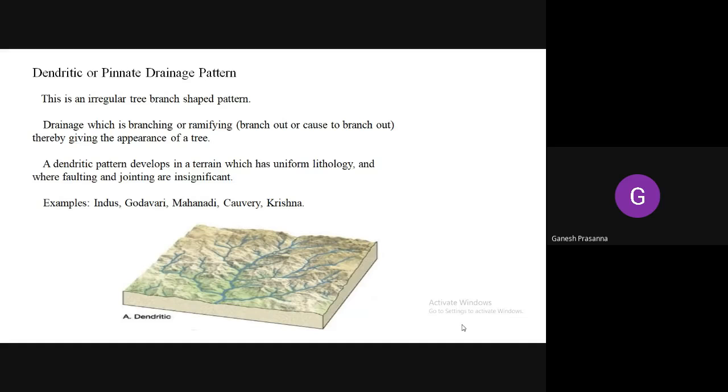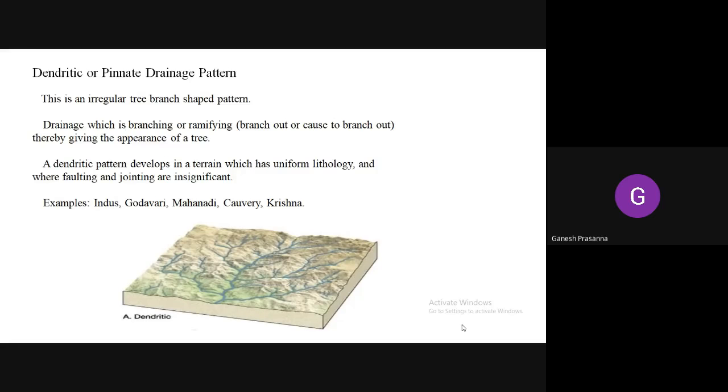Examples are the Indus, the Godavari, the Mahanadi, the Kaveri, and the Krishna rivers. Where the Krishna river flows, it has sedimentary rocks itself, no igneous rocks. Where the Kaveri river flows, it has only metamorphic rocks. The Godavari also flows in parts of Andhra Pradesh where it has sedimentary rocks itself.